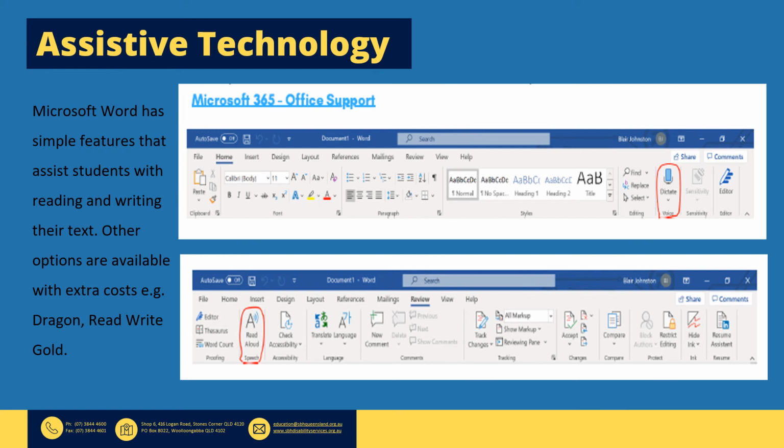But Microsoft Word is good for children to start trialling this to see whether it works, without outlaying all the money for Dragon and Read Write Gold. Plus, those programs can be quite complex for a child who has difficulty following instructions. You've got to click this, then you click this button to make it read, you've got to highlight this.